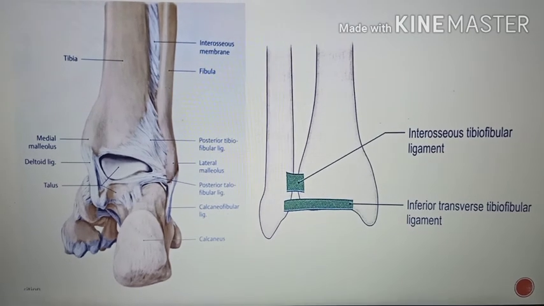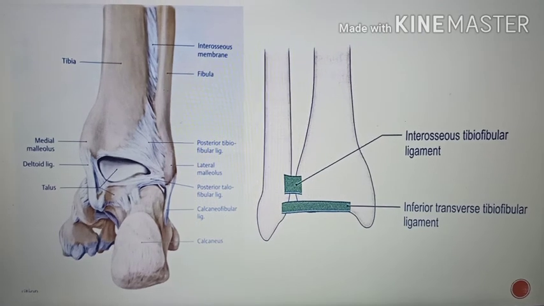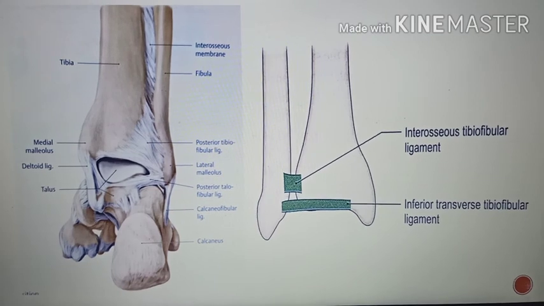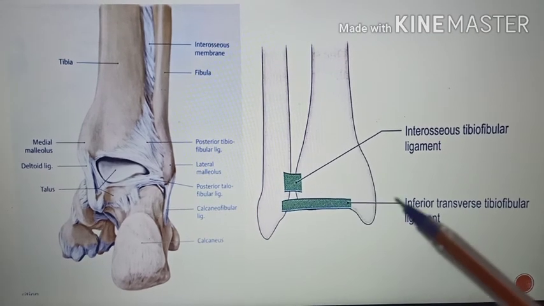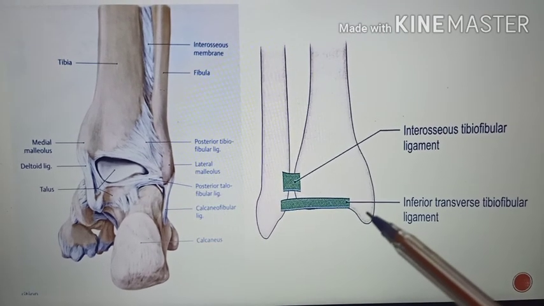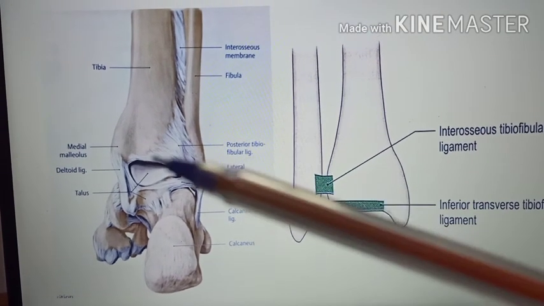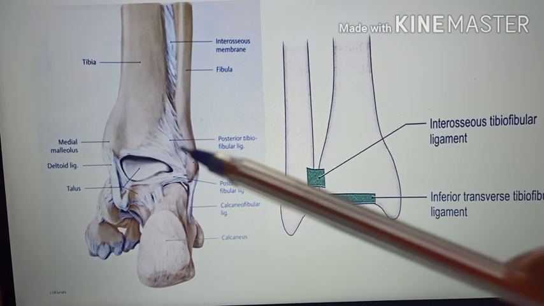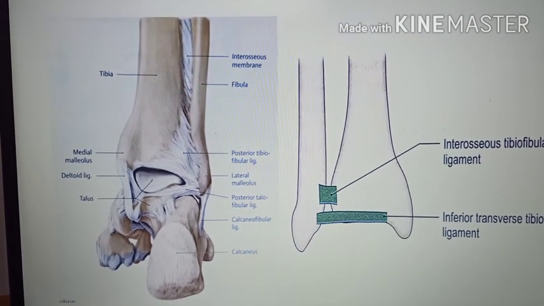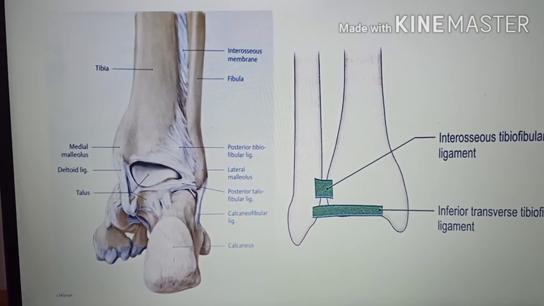It passes transversely from the upper part of the malleolar fossa of the fibula to the posterior border of the articular surface of the tibia, reaching up to the medial malleolus. The blood supply of the inferior tibiofibular joint is by the perforating branch of the peroneal artery and the malleolar branches of the anterior and posterior tibial arteries.